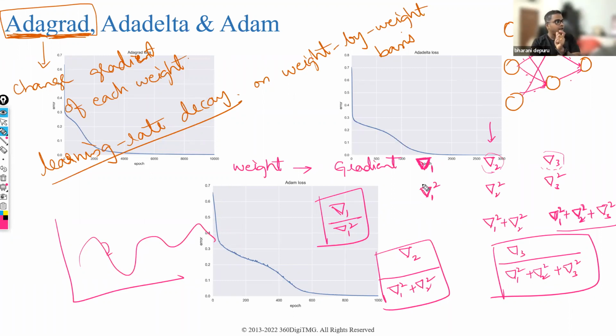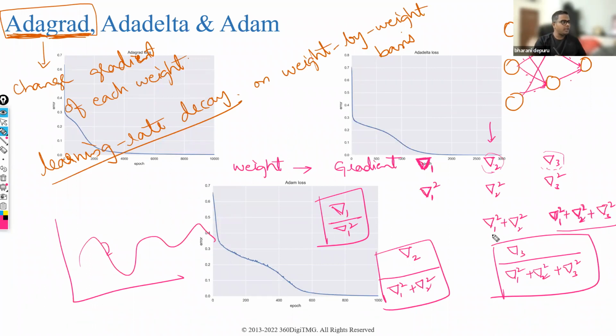Because each gradient is squared before it is added to the running sum, the value becomes positive when you square. And if you are adding it throughout, it will give a larger and larger value over time.